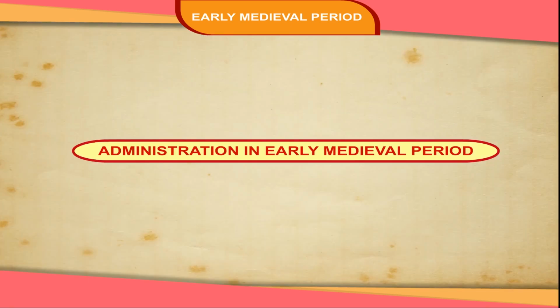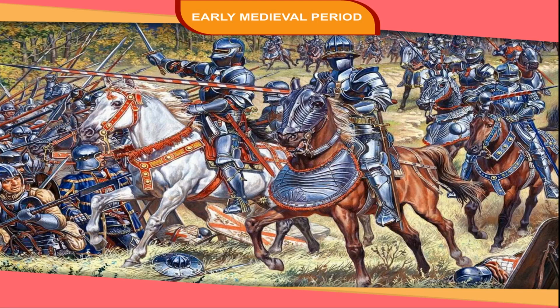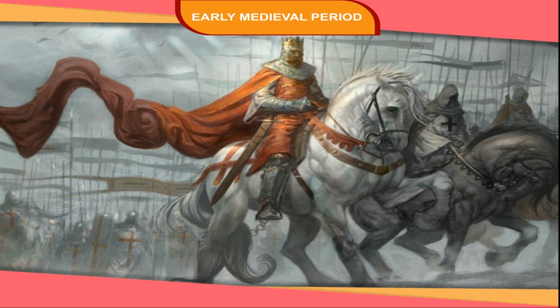Administration in early medieval period. In the medieval period, the king's position was powerful as he was the head of the administration as well as the commander-in-chief of the armed forces. His office was hereditary and he was generally succeeded by his eldest son. But over the period of time, the king's position weakened.